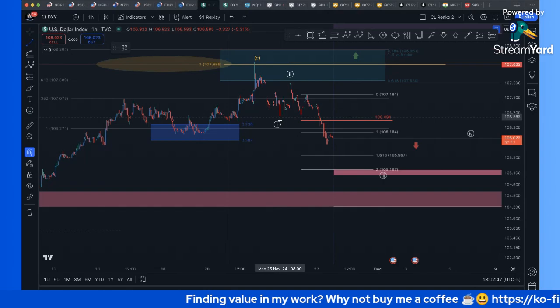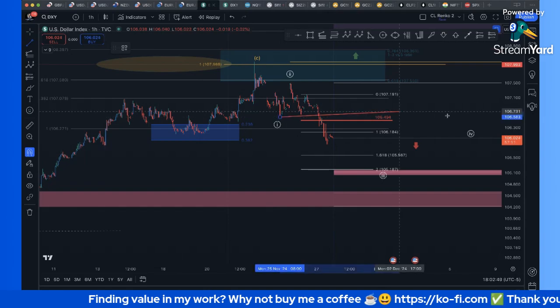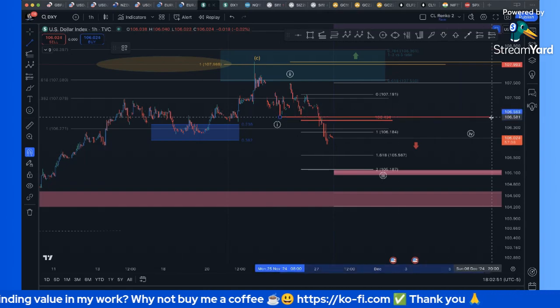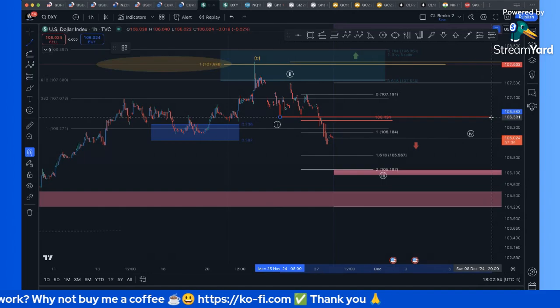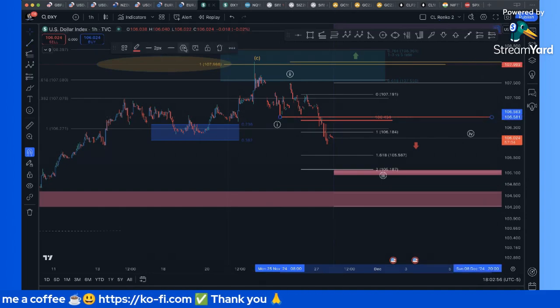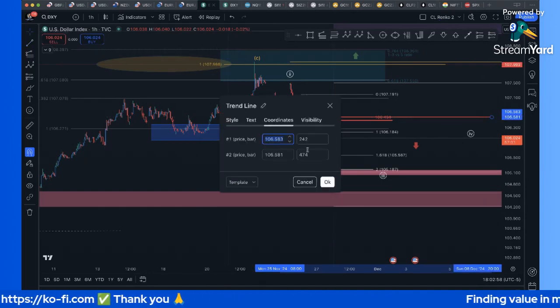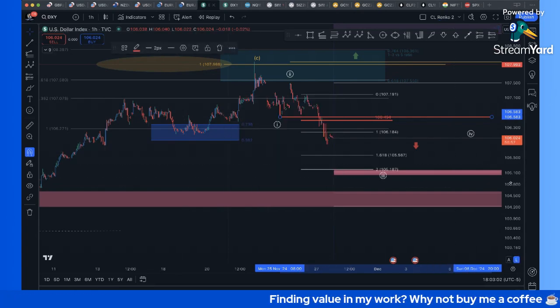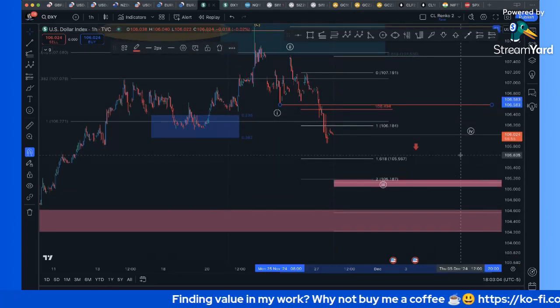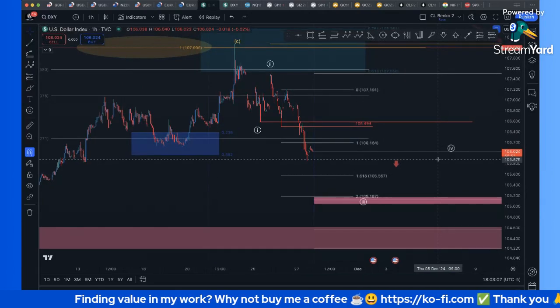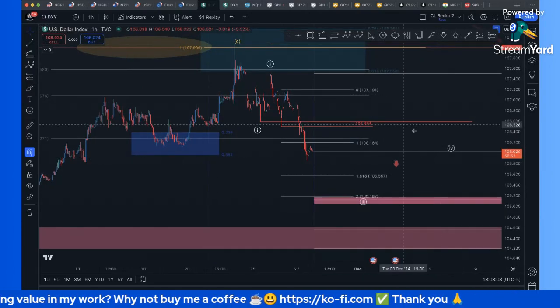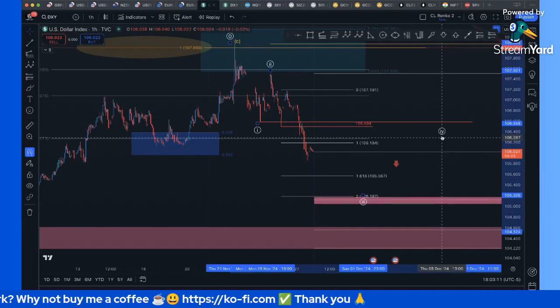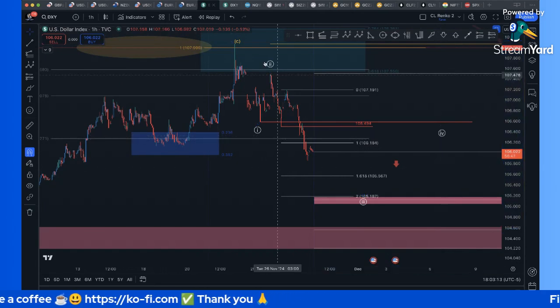Boom. 106,583. I don't like to make my charts too busy because they're already going to be busy enough using LA Wave, especially when you're tracking multiple degrees like I'm doing right now. I'm just doing this for educational purposes, but it does make the chart messy when I go back to the 4-hour chart. Okay. But the concept is, let's see if price can finish this wave 3.